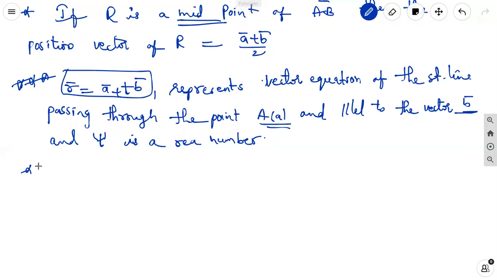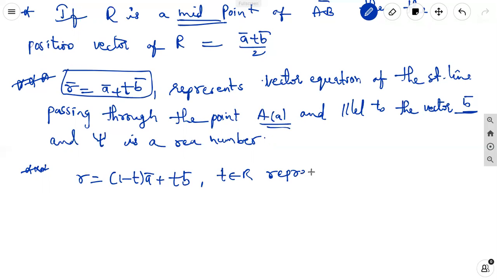Next, it is also the same as the addition of the vectors. That is, R vector is equal to (1 minus t) into A vector plus t B vector, where t belongs to the real numbers.